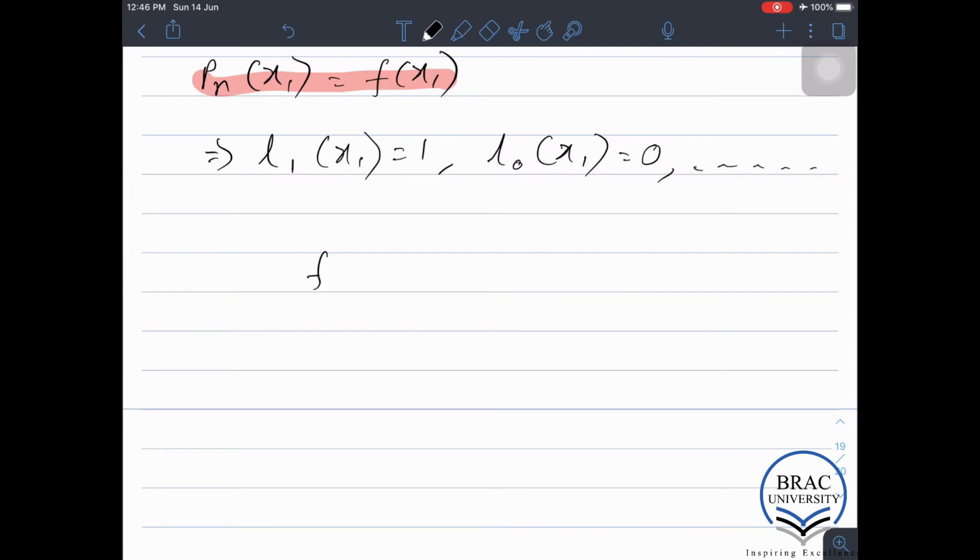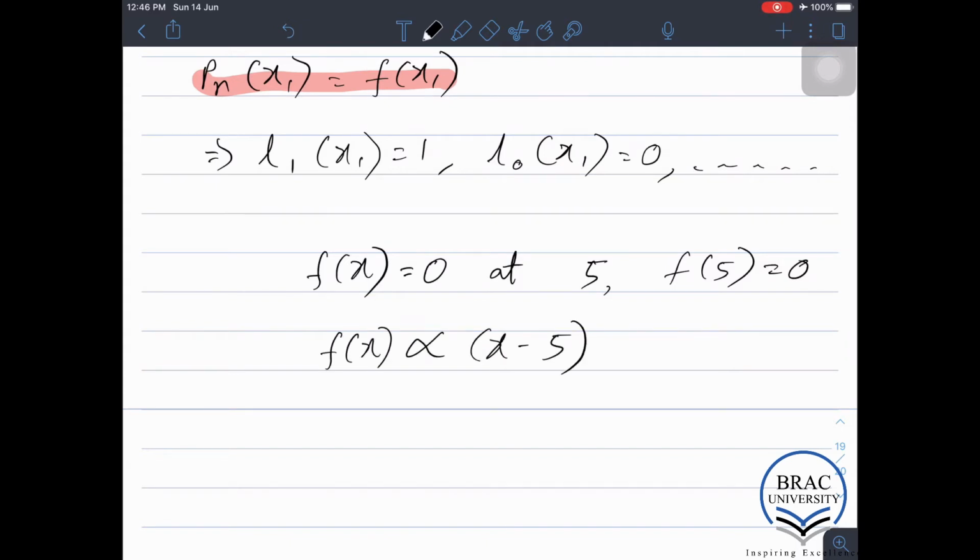That is, if f of x is equal to 0 at, let's say, 5, so that means that f of 5 is equal to 0. Then I can say that f of x is proportional to x minus 5, right?